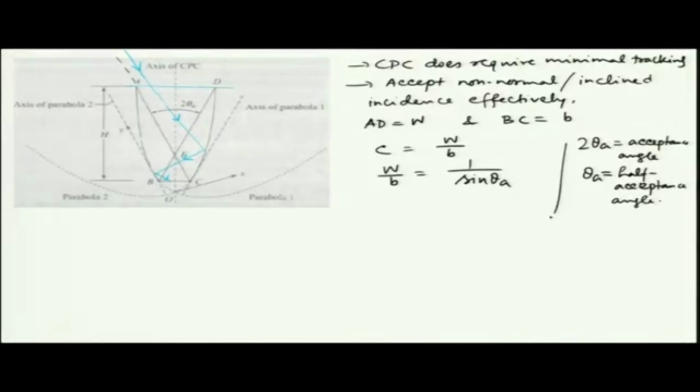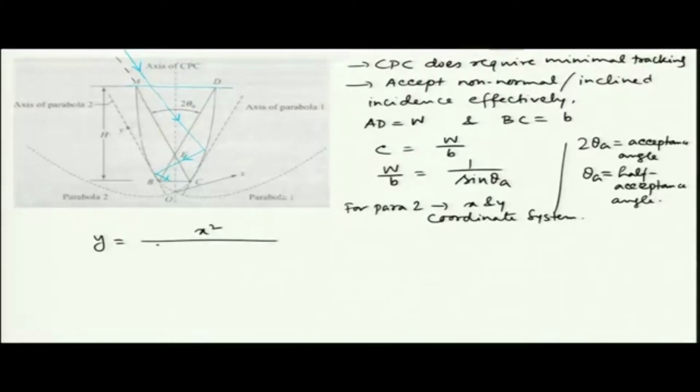Okay. So, this can be shown, and for parabola 2, look at the figure, we have this xy coordinate system. Okay. And from there what we can write, this y is equal to x square divided by 2b 1 plus sin theta A. Just from the equation of parabola you can write this.